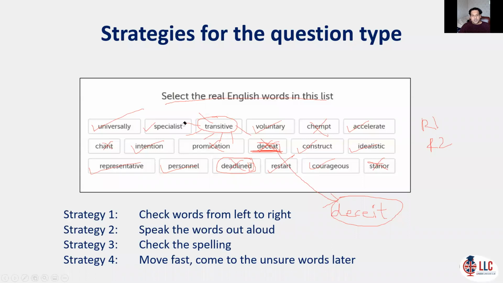Otherwise, there would not be any transitive verb. So I'm going to choose this as a correct answer. And by that, you're done. You have answered the question. See, that's how you're going to solve this question in the exam.